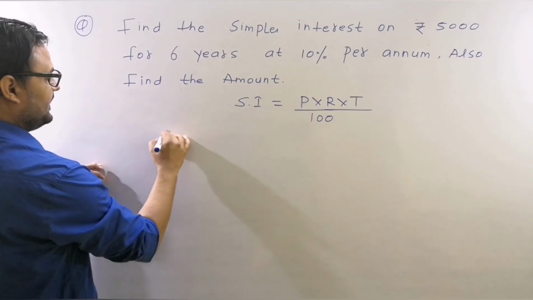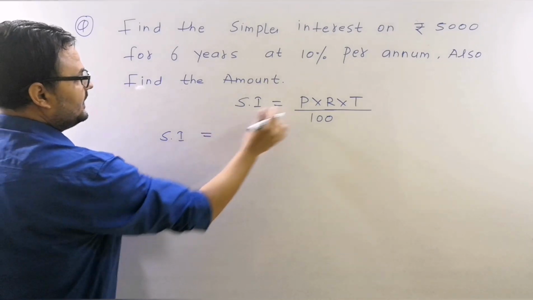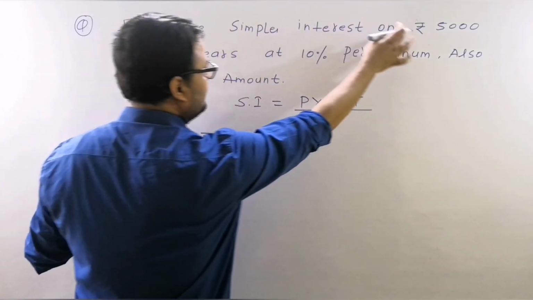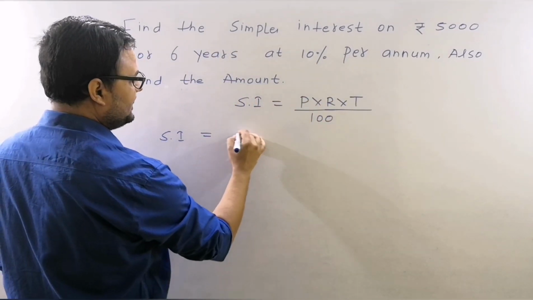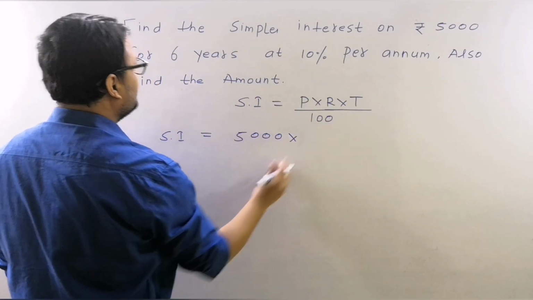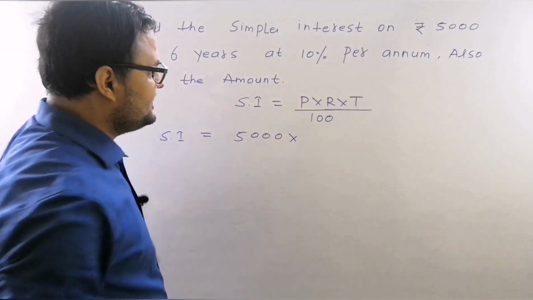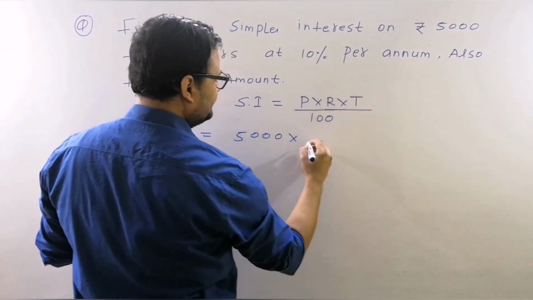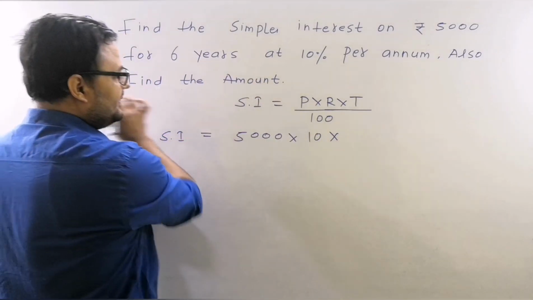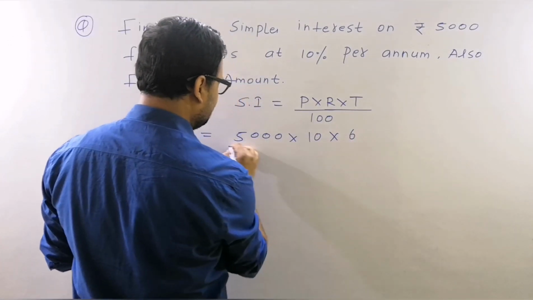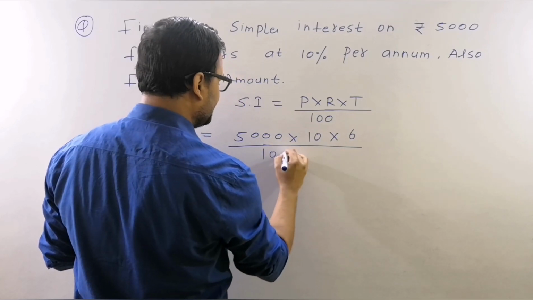Now if I am using the formula, find the simple interest on rupees 5,000. So that 5,000 is going to be our principal amount, 5,000 into, now rate is 10% per annum, already given in annum, so into 10, and time 6 years, already given in years, then 6 divided by 100.